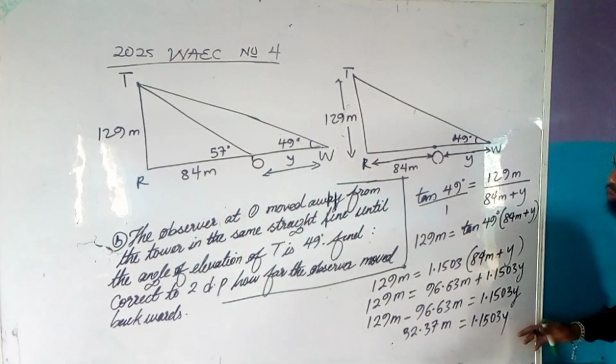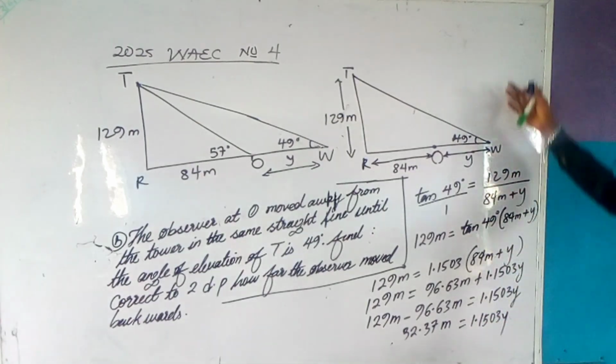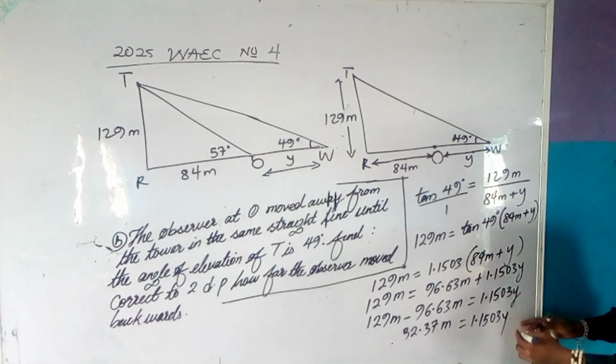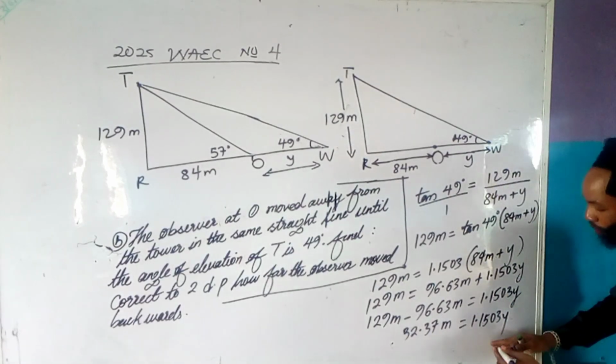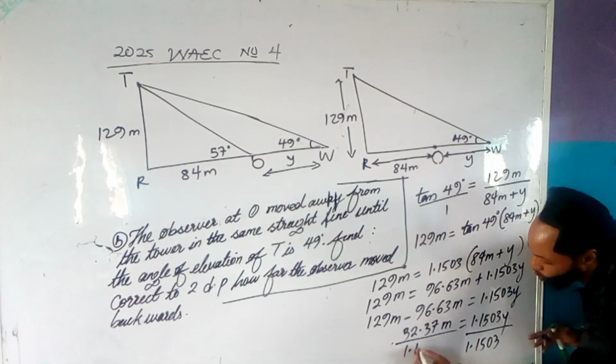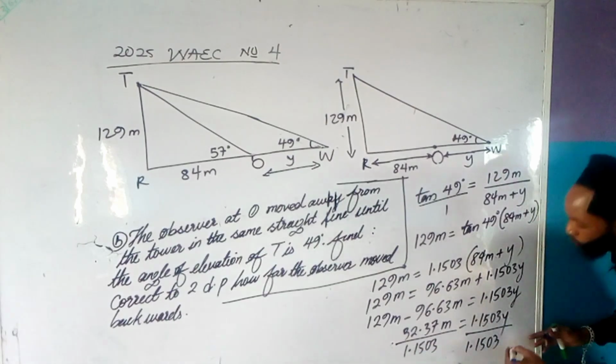32.37 meter equals 1.1503 y. So solving for y, what do we do? Divide both sides by 1.1503. What do we have?